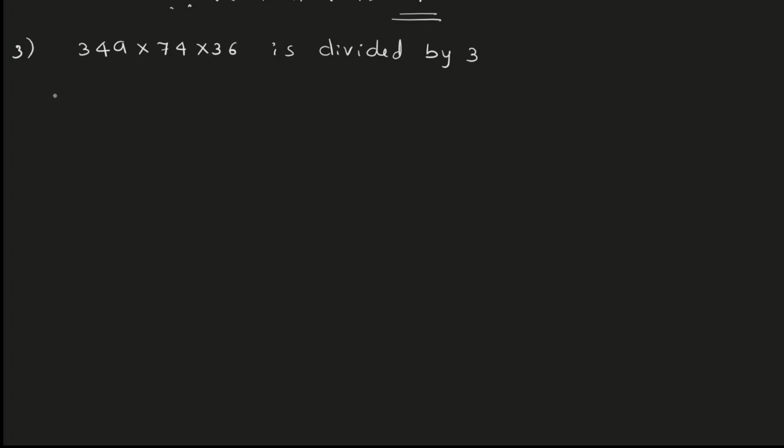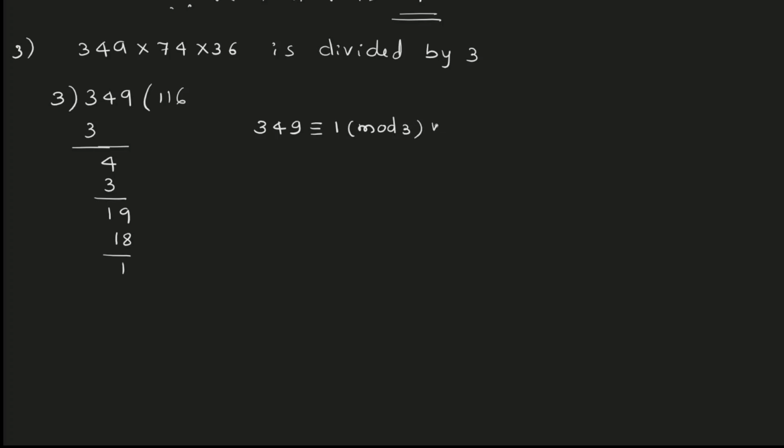So 349 divided by 3: 3 into 1 is 3, then 4 3 1, 3 into 9 is 27... the remainder is 1. So how will you write this? 349 is congruent to 1 mod 3. Call this equation 1.